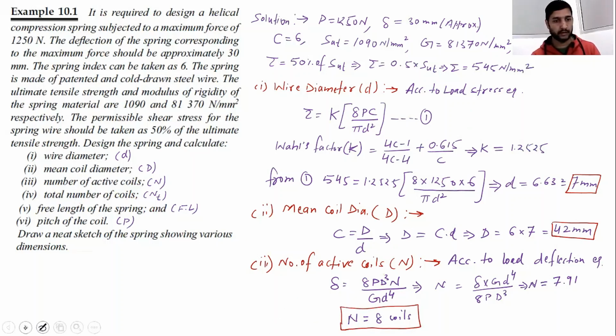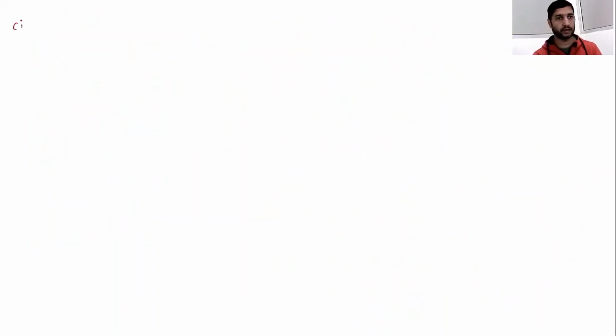Okay, now total number of coils. Let us move ahead and solve the fourth part, that is total number of coils. And total number of coils will be NT, and we know total number of coils will be active coils plus inactive coils. But in order to find out the inactive coils, we must know what is the end of the spring, means whether the springs are square and ground ends, or there are 4 types of ends as I explained to you, and out of these 4 it must be given to us what the ends of the springs are.